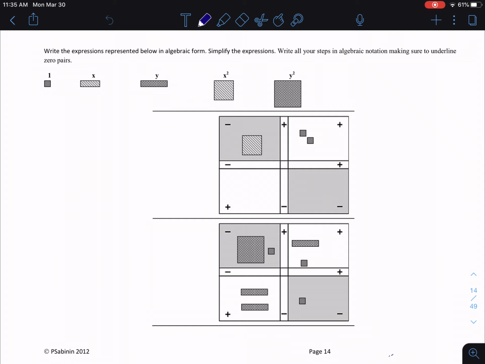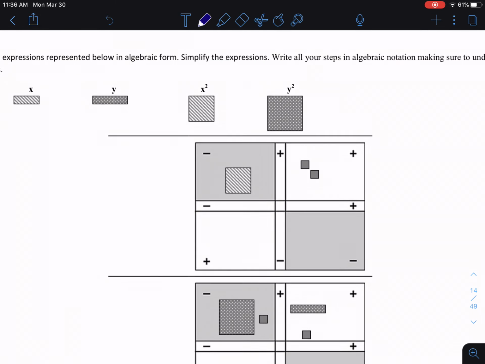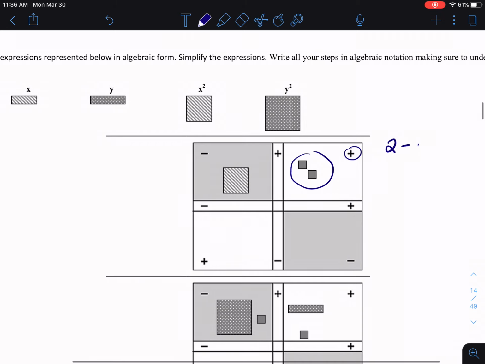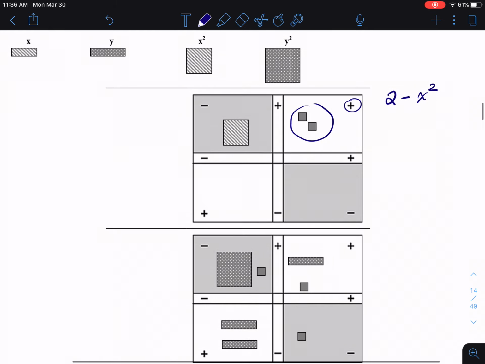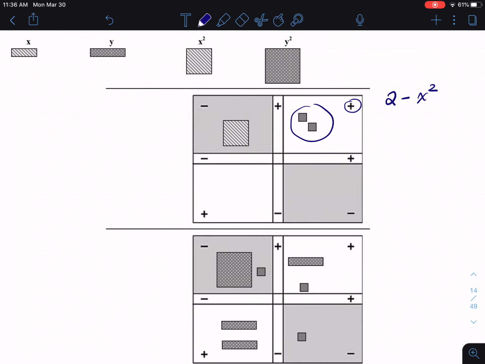We'll get to talk about why the mat is structured the way it is in a minute, but the meaning is still the same. So, for example, if we have these 1s on the positive side, then it is going to be a +2. And then there's this x squared on the negative side, minus x squared. So the interpretation of the pieces is still going to be the same.